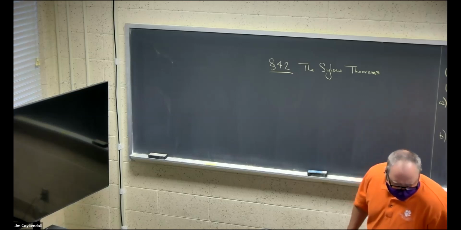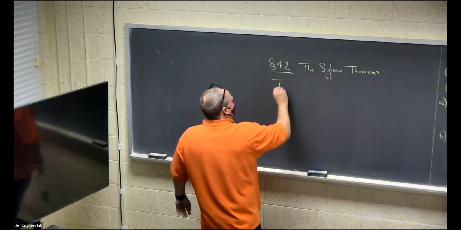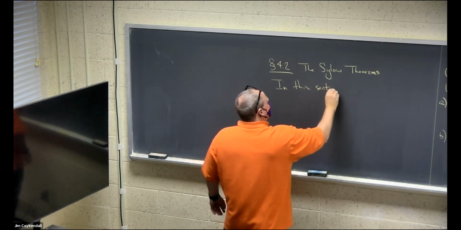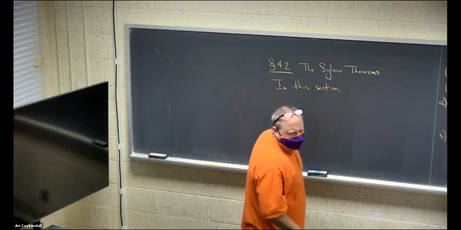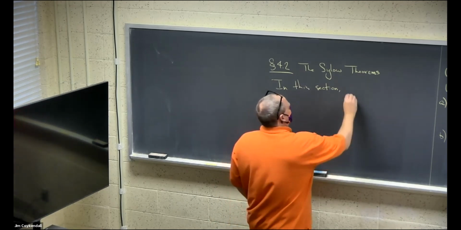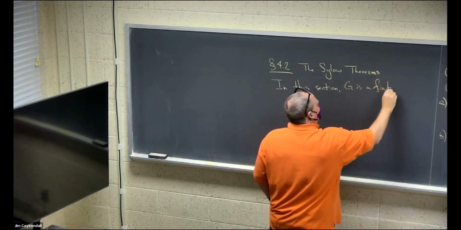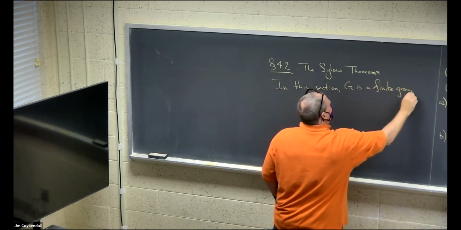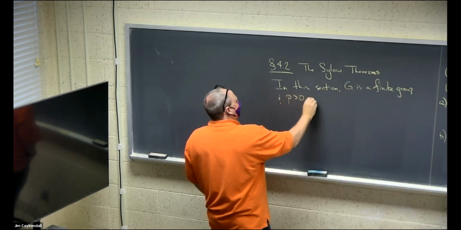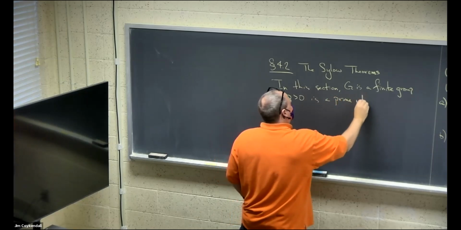So let me start off with this lemma in this section. I'm going to let G be a finite group, unless I say otherwise, and P is a prime integer.